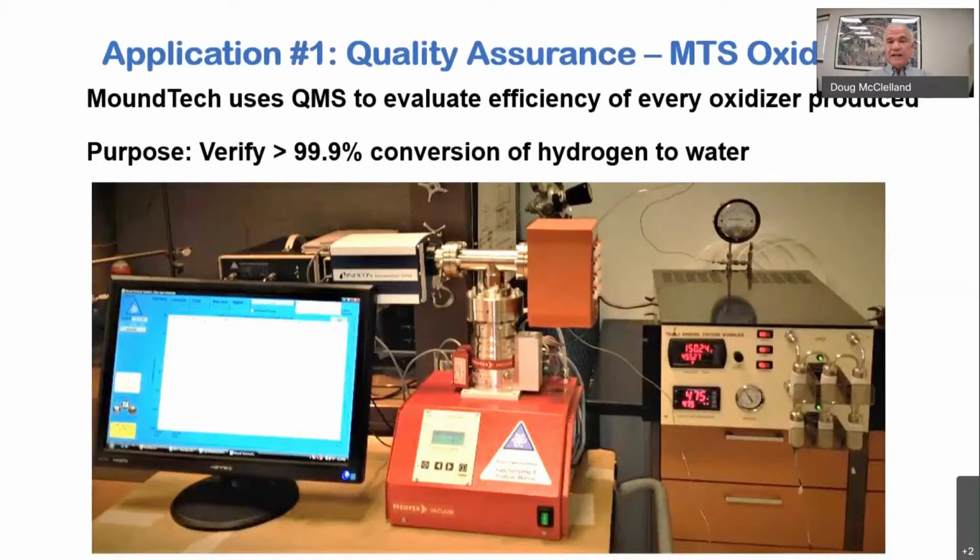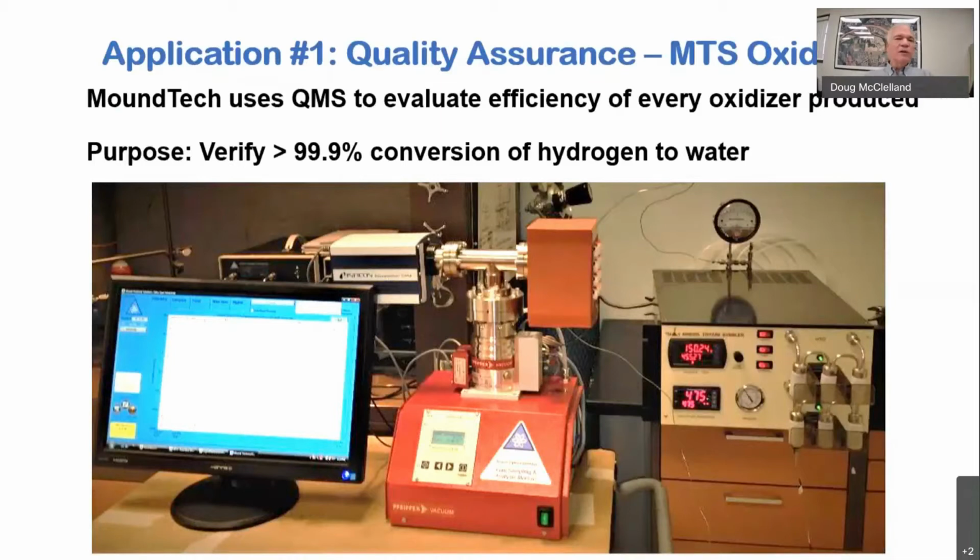One of our products is an oxidizer. This product brings in a sample of typically air with a small amount of hydrogen. We want all that hydrogen to be oxidized completely so that we have no hydrogen on the output and all water vapor on the output. We want to translate that hydrogen coming in into water vapor going out.